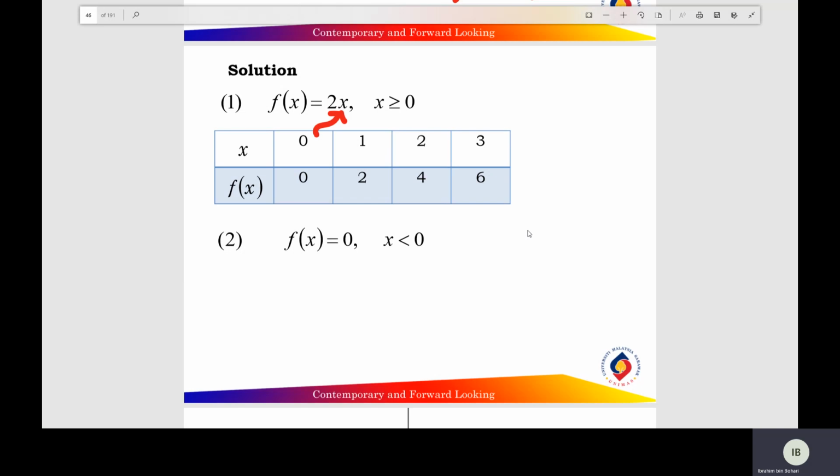Second, 1, 2, then 2, 4, and here equals 3, 6. Okay, and then the second function f(x) equals 0.